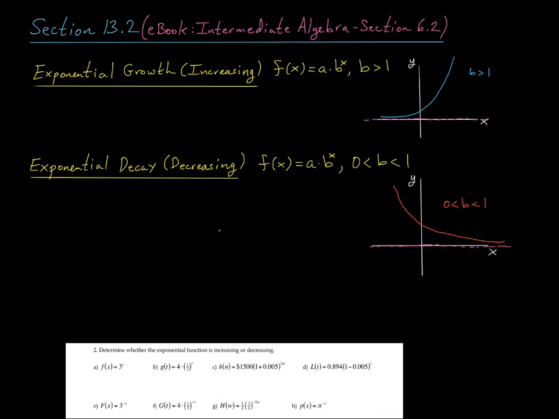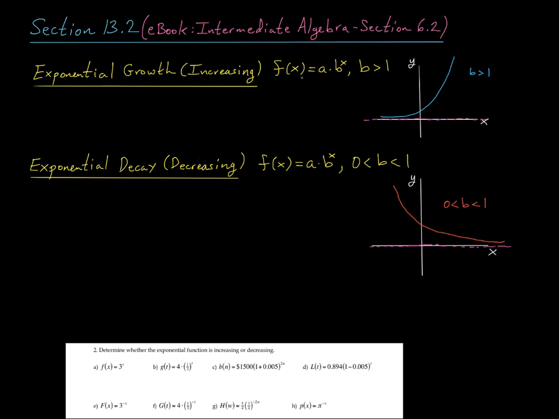Alright, in this video we're going to look at the graphs of exponential functions. And to start, I first want to just go over how we can tell whether an exponential function will be increasing or decreasing. Or in other words, whether we'll see exponential growth or exponential decay.